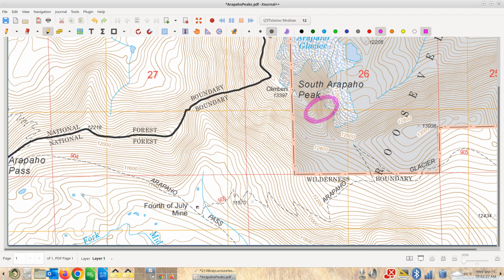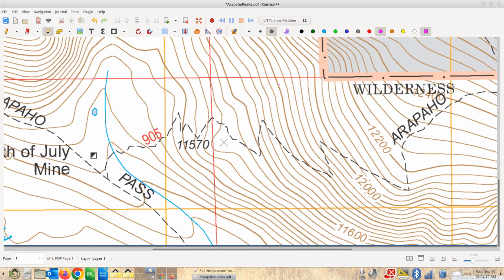I will also point out, I think this is a cool observation. Check out how the trail is all zigzaggy right there. Why would they do that? Well, because it allows you to take the same amount of altitude gain and spread it out over a greater horizontal distance, right?